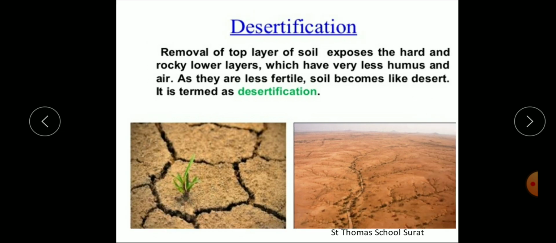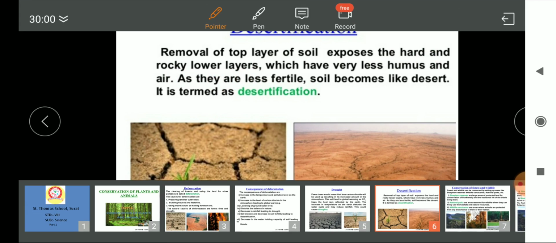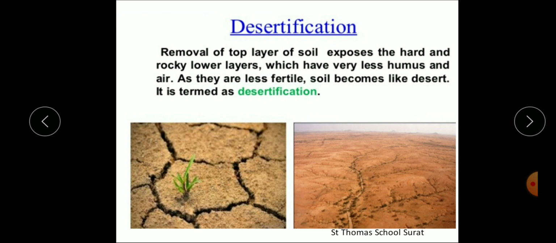Next, desertification. As I told you, the removal of the top layer of soil exposes the hard and rocky lower layers, which have very little humus and nutrients, or you can say air.